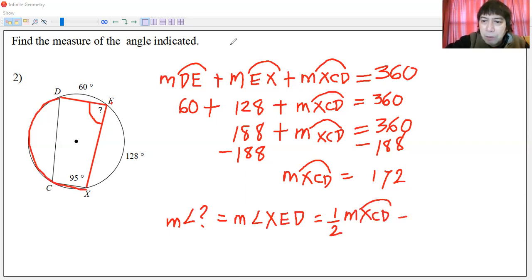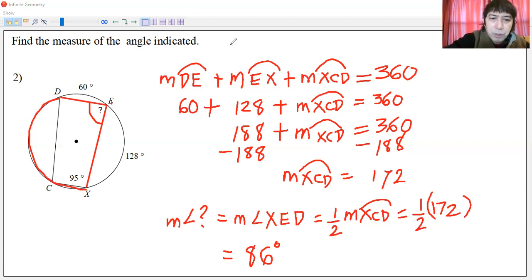And so this is just 1/2 of 172. So we shall just divide this. How much is half of this? This will be 86. So this will be 86 degrees, the measure of the angle with a question mark there.